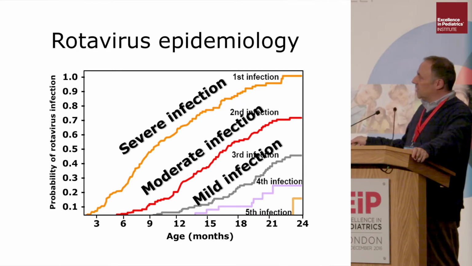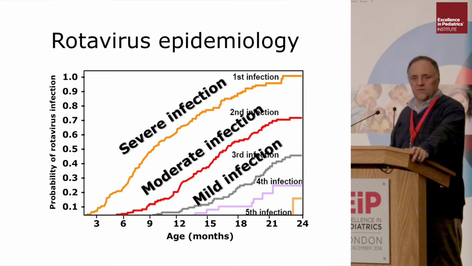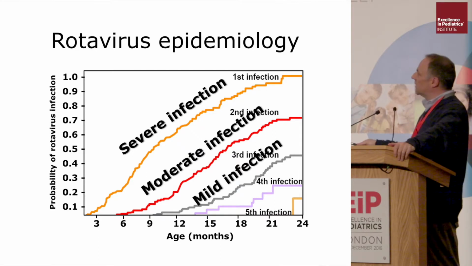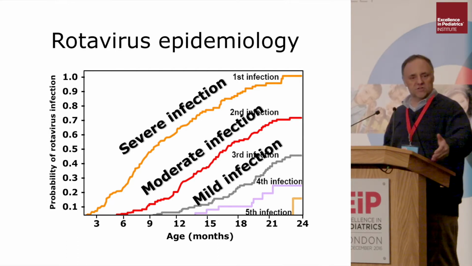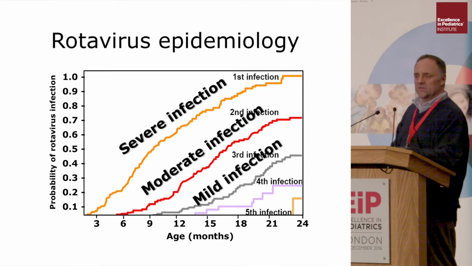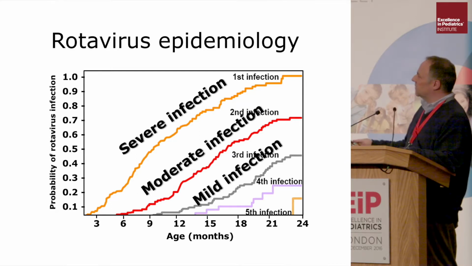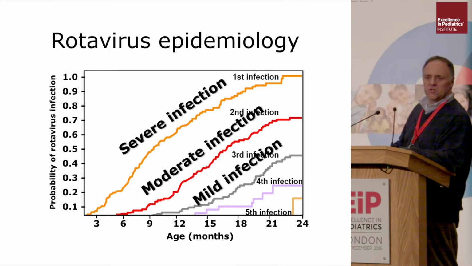So a child, when the maternal immunity has disappeared, will have an ever-increasing chance of contracting a rotavirus infection, which will be severe. The first infection with a rotavirus traditionally is severe. When it encounters a second infection, it becomes a serious but moderate infection, and after that, the infections are mild.